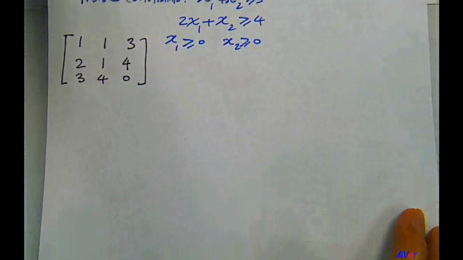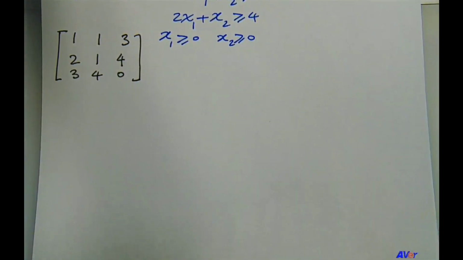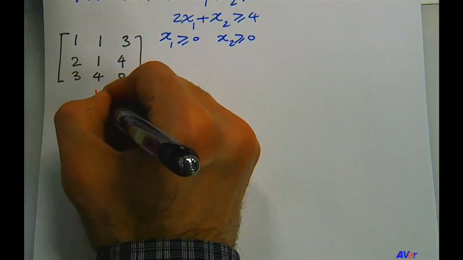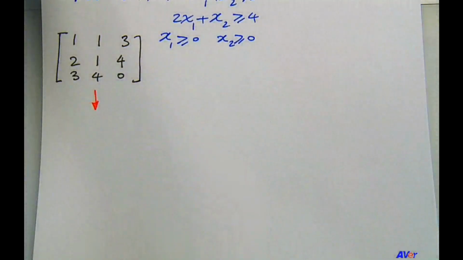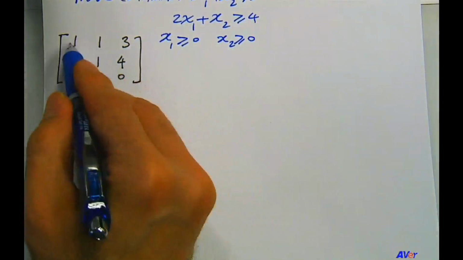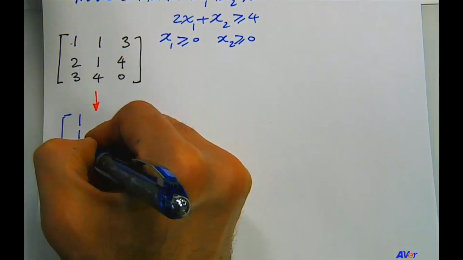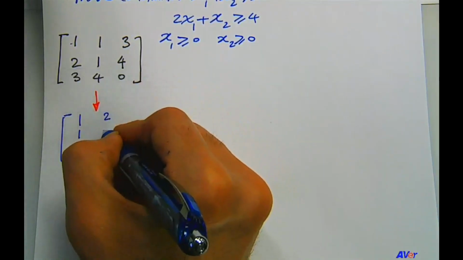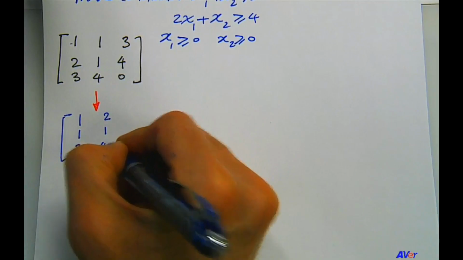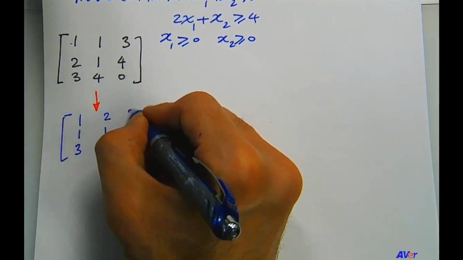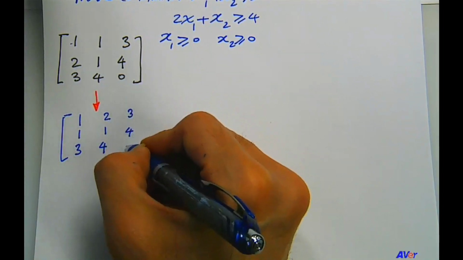Okay, so let's take the transpose of that. The first row becomes the first column. The second row becomes the second column. And the third row becomes the third column.